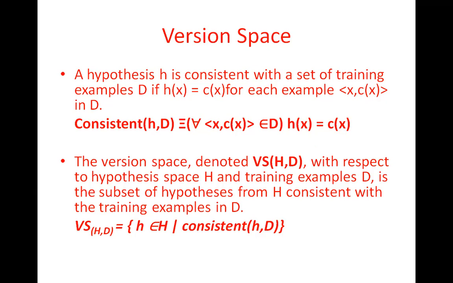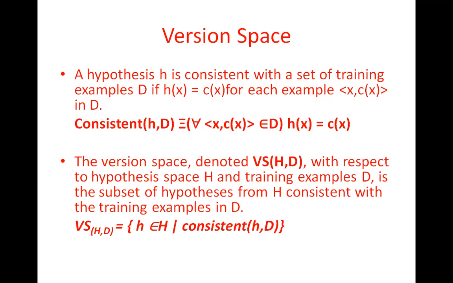Capital D means the set of all training examples. And h(x) means the hypothesis output for that particular example. x is that particular training instance, and c(x) is the output of the training instance.